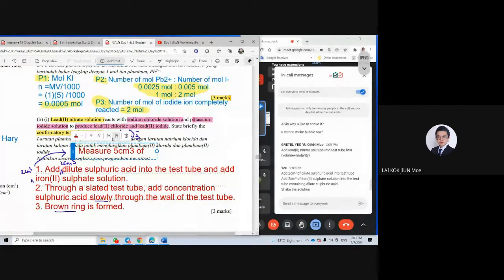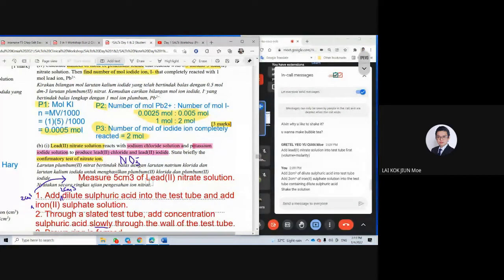Of sample. We are using the sample, right? Okay, we want to test which one? We want to test lead nitrate.